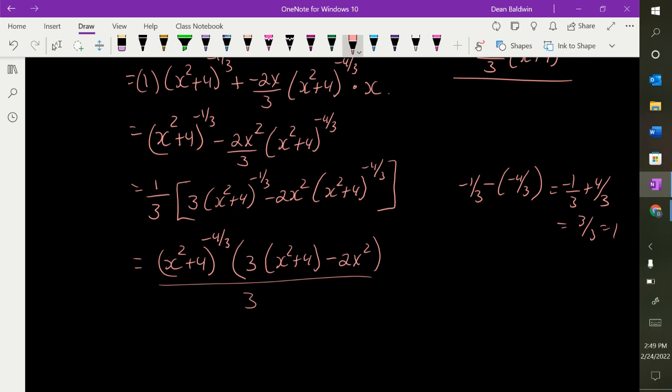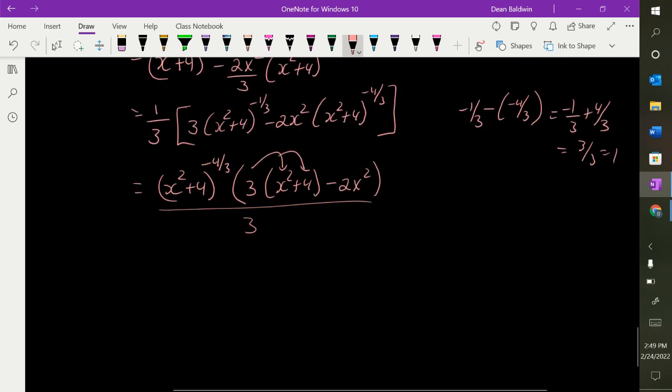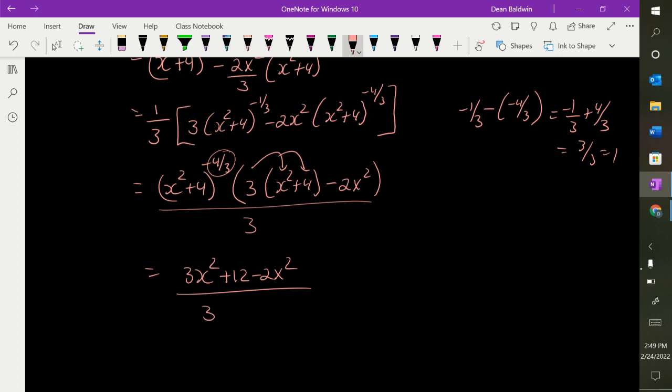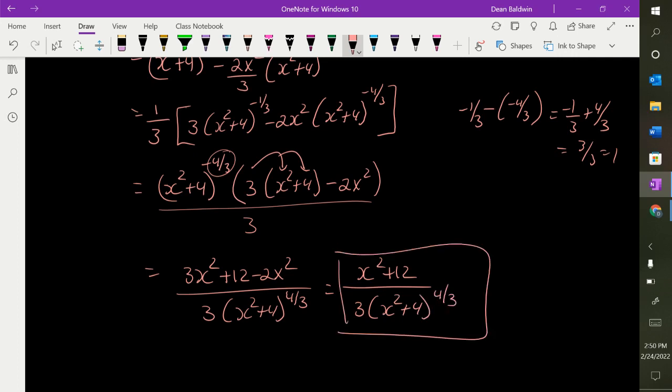All right. Inside here, excuse me, multiply that in, negative exponent, flip it down, so I get 3x squared plus 12 minus 2x squared over 3 times x squared plus 4 to the 4/3. 3x squared minus 2x squared is x squared plus 12 over 3 times x squared plus 4 to the 4/3, and that is it.